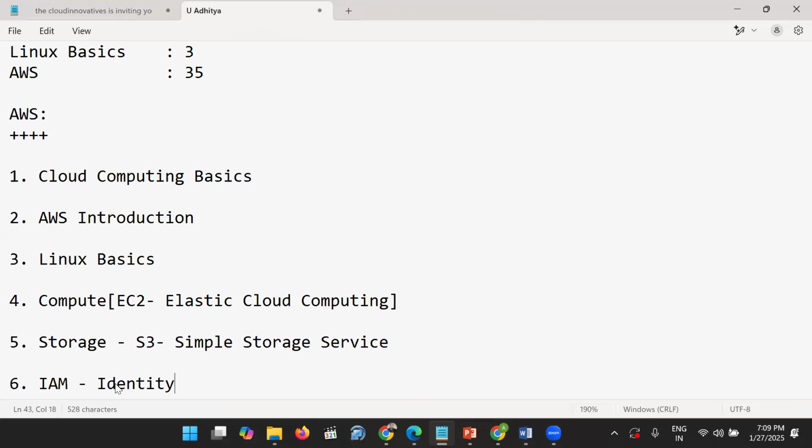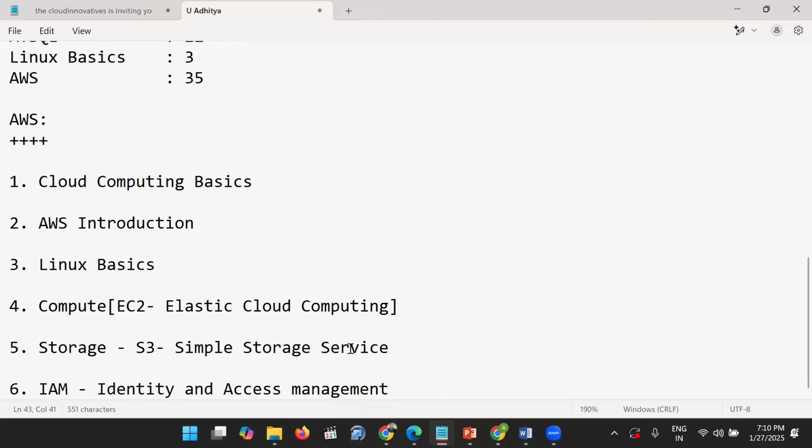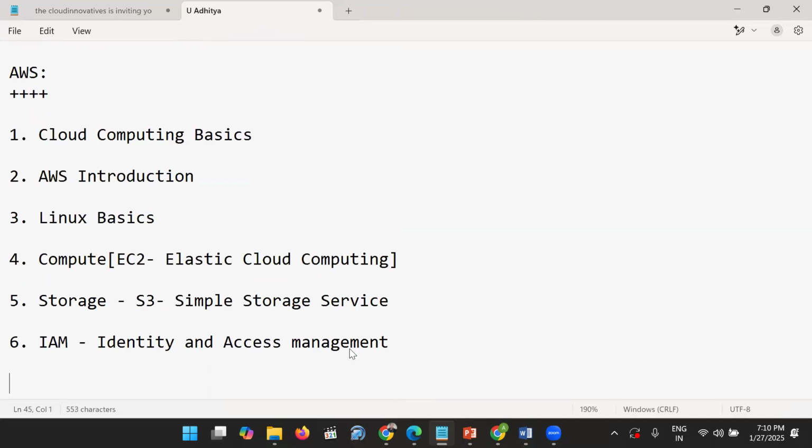That is identity and access management. With the IAM concept, we can create IAM users, groups, policies, and our own roles. I can cover how we provide additional security for the root user and also the IAM user. And in AWS, I can cover the VPC concept, that is virtual private cloud.